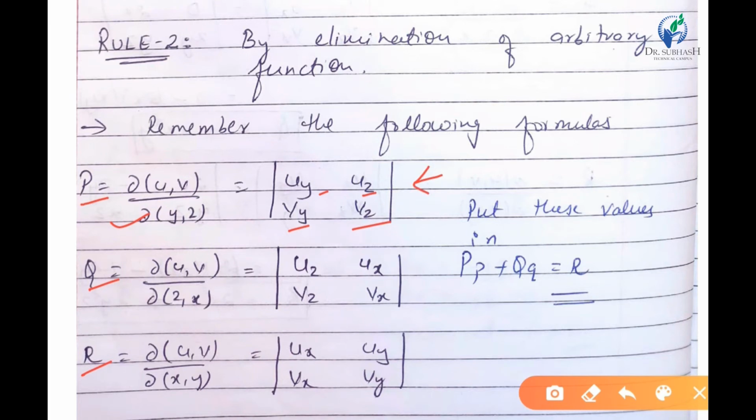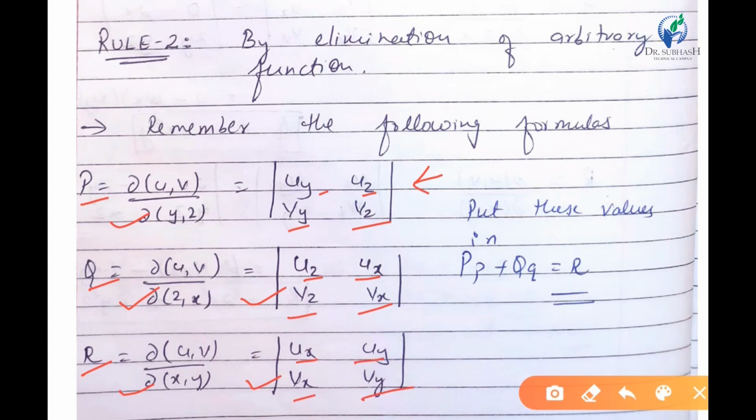Capital Q equal to del uv upon del zx, which is equal to determinant of uz ux vz vx. And last, capital R equal to del uv upon del xy, which is equal to determinant of ux uy vx vy.